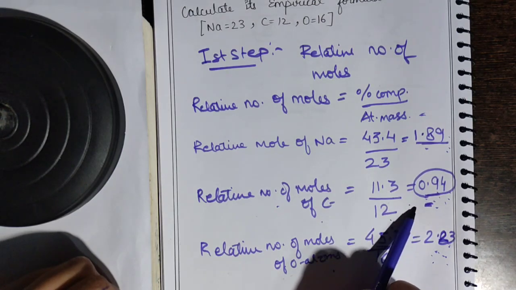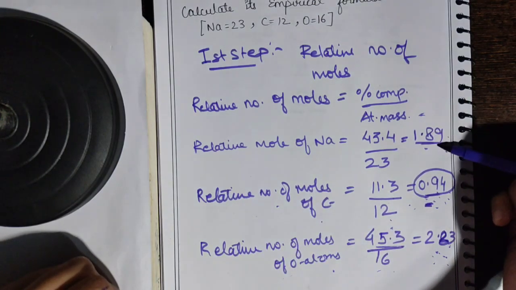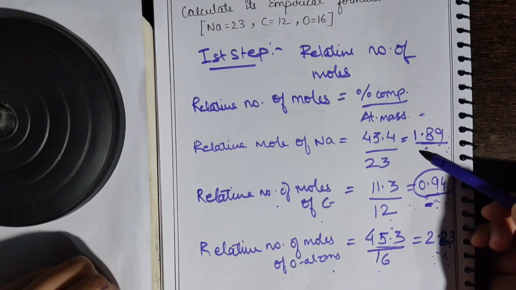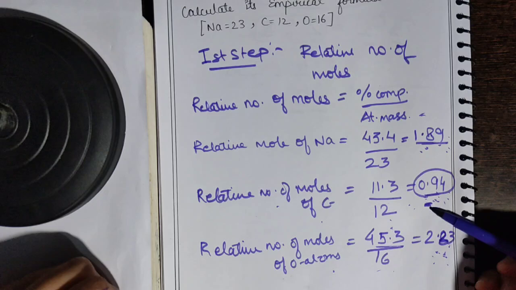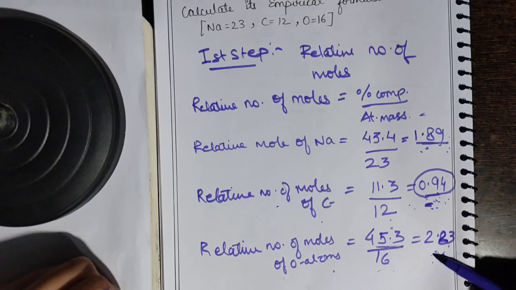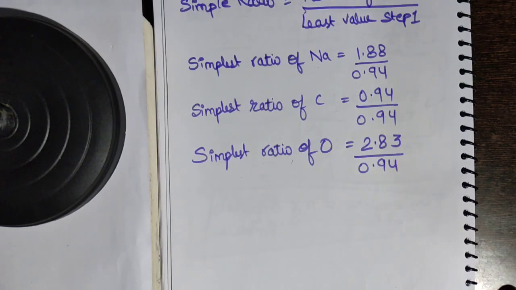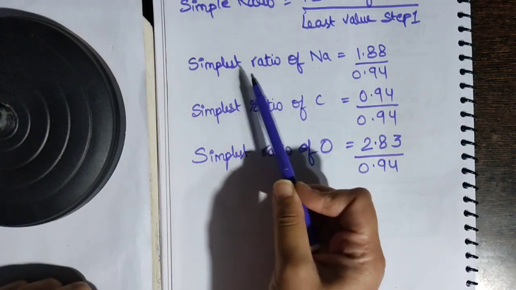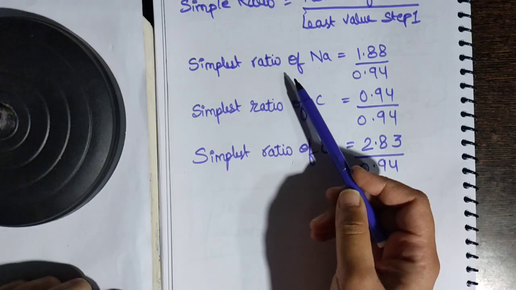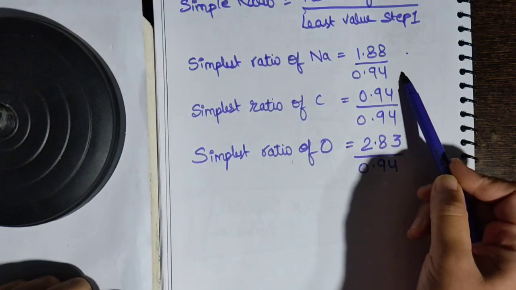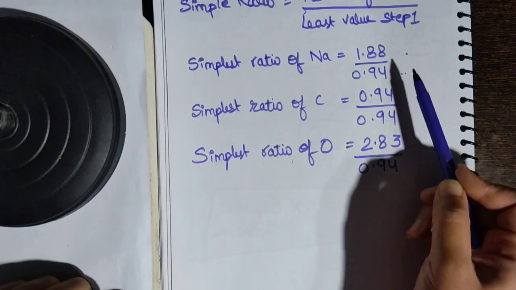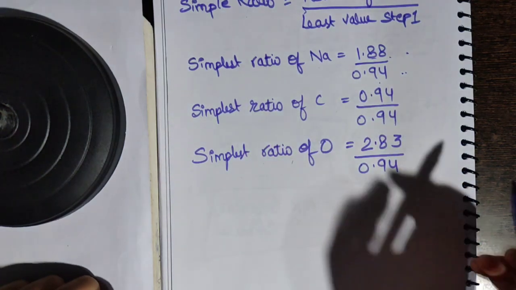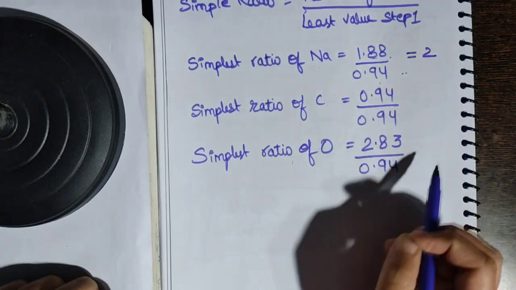0.94 is the smallest. So we will divide each of the relative number of moles with the smallest value, which is 0.94. 1.89 upon 0.94, 0.94 divided by 0.94, 2.83 divided by 0.94. Now, as I explained, the simplest ratio of each atom will be equal to the relative number of moles divided by the least value, which was 0.94. So 1.88 by 0.94 will give the simplest ratio for sodium, which is equal to 2.